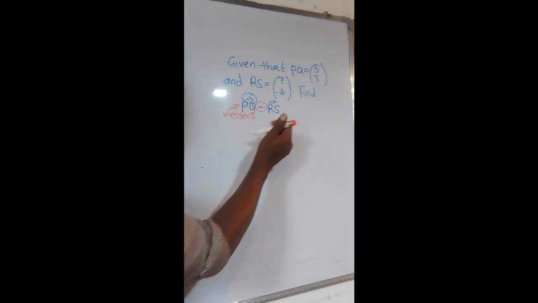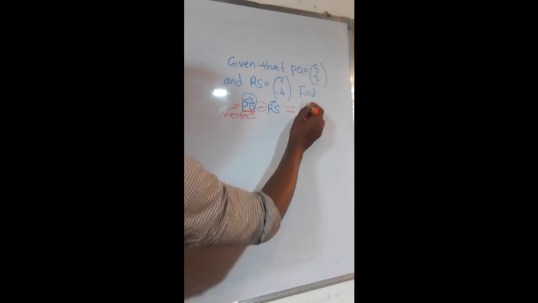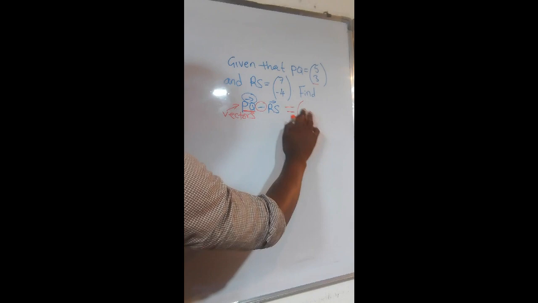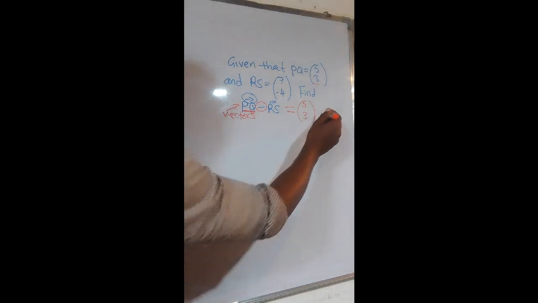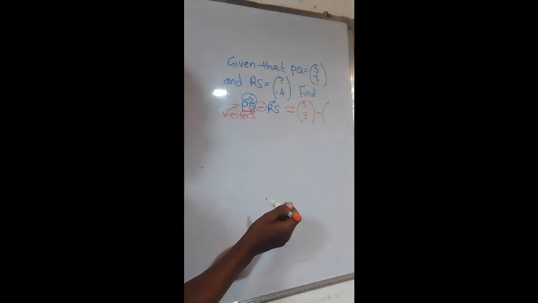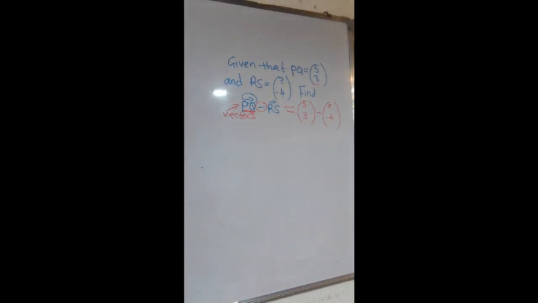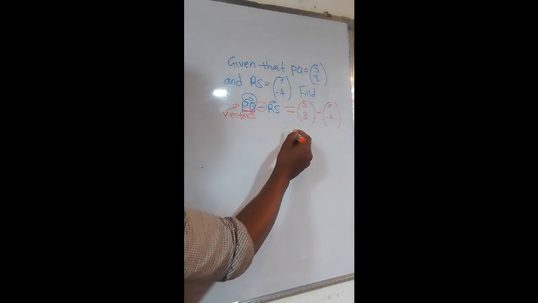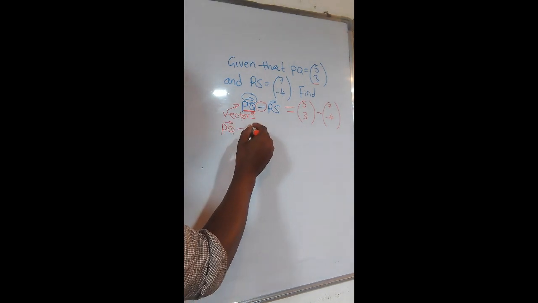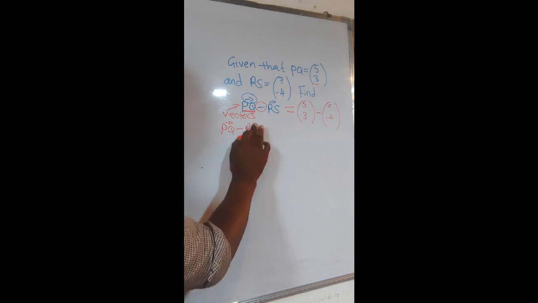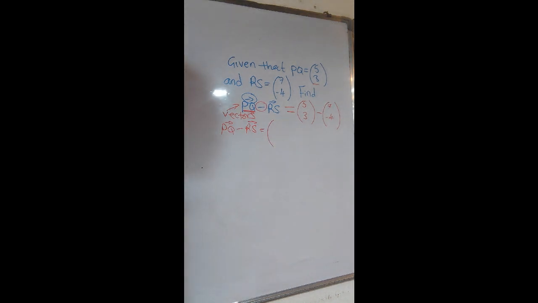So what you are going to do here is say PQ is this one: (5, 3) minus (7, -4).